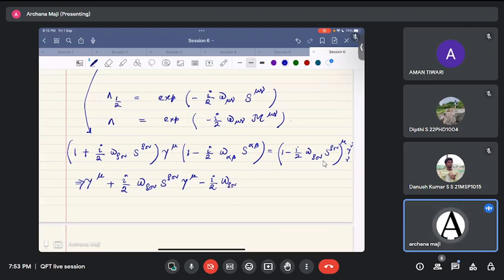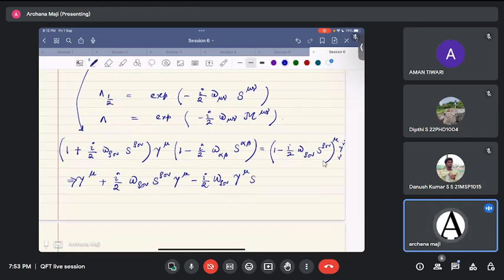So even if we use the same dummy index, there is no confusion. And remember S is a matrix, so we have to be careful about the order. And gamma is also a matrix. Okay, so those are the terms we have on the left hand side.